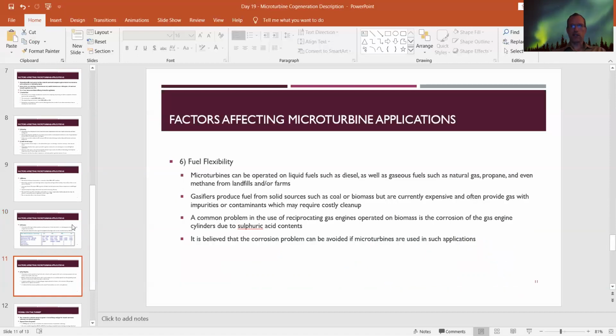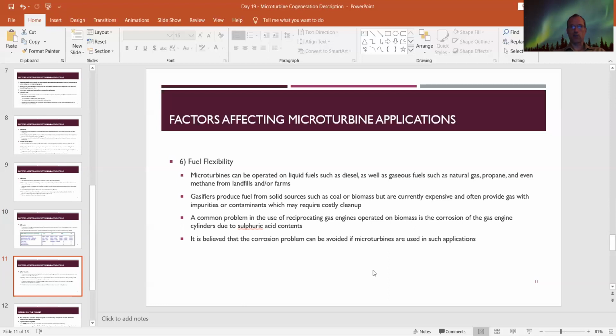And then the last factor is fuel flexibility. Microturbines can be operated on liquid fuels such as diesel, as well as gaseous fuels: natural gas, propane, even methane from landfills and farms, so biomass or biofuels. You can also use gasifiers to produce fuel from solid sources such as coal or biomass, and those could be used in microturbines, but currently that's expensive.